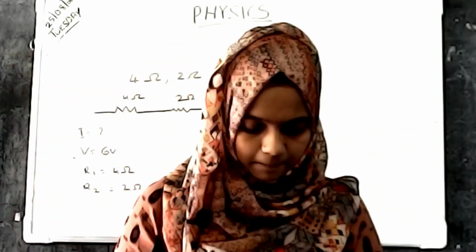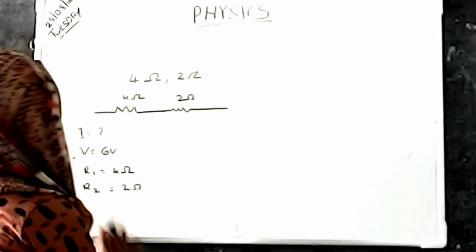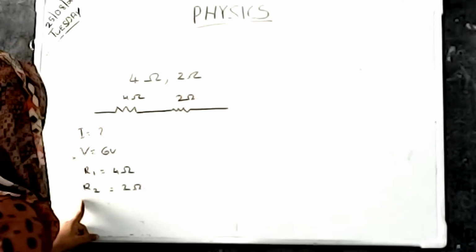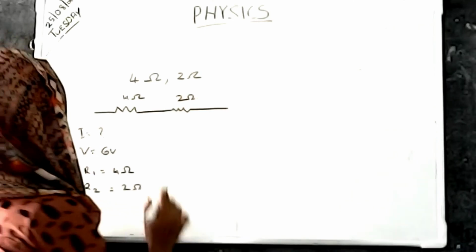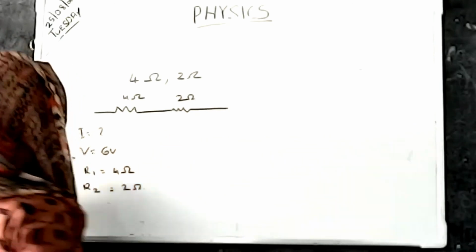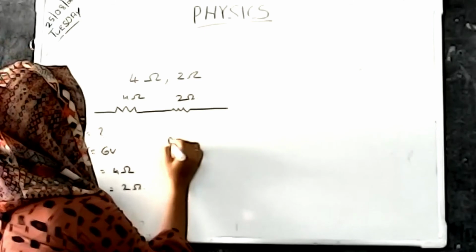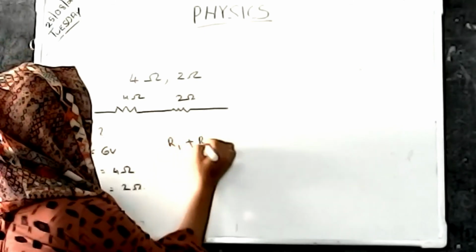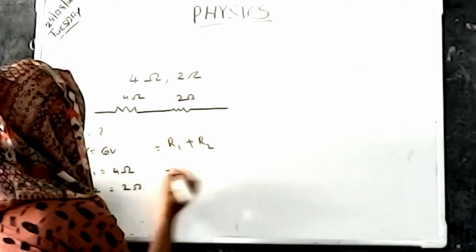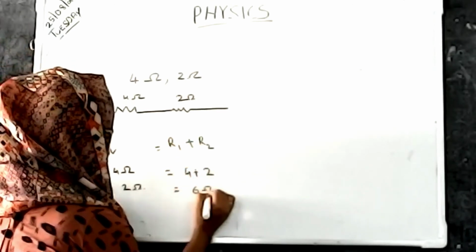So here we want to find the current. For this, adding R1 plus R2, we got 4 plus 2 is equal to 6 ohm.